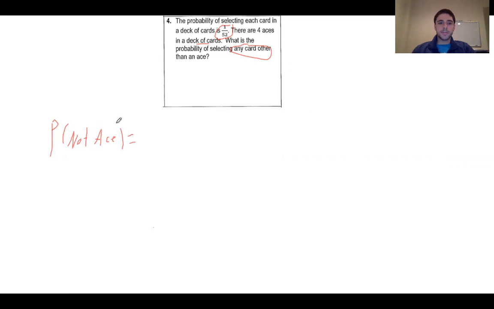Right, exactly. 48 cards are not aces. And there's how many cards in the deck? 52, exactly. And what are we going to set that equal to?